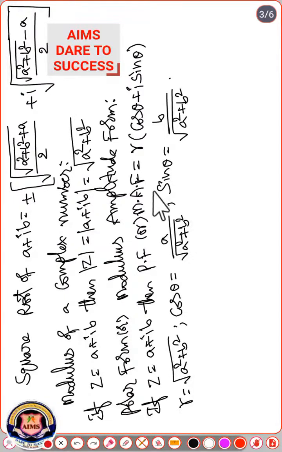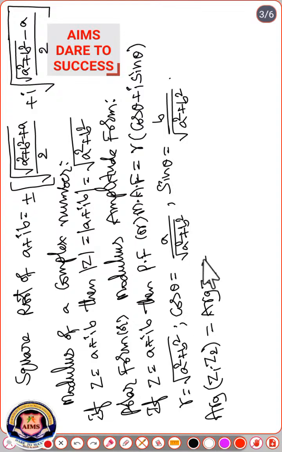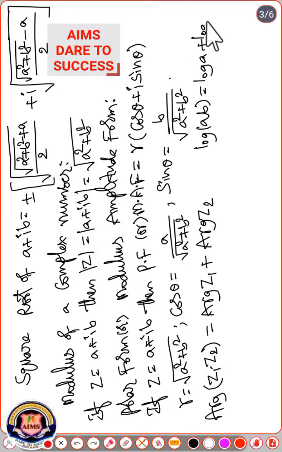Okay, my dears. Next, arg of complex numbers multiplication: arg of z1 into z2 is equal to arg z1 plus arg z2. From 10th class, the logarithm concept looks like log ab is equal to log a plus log b.